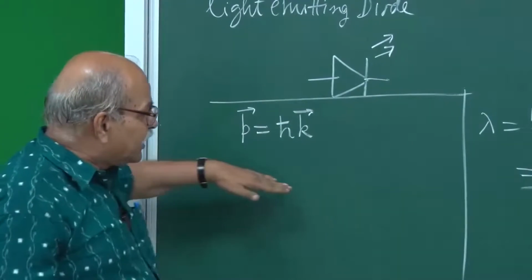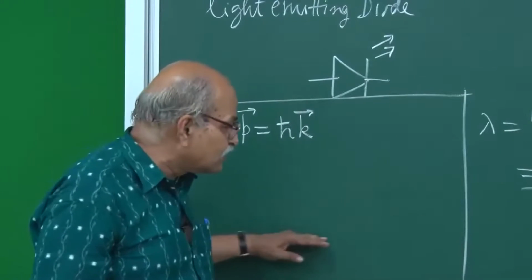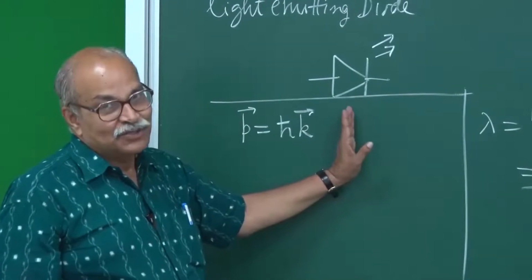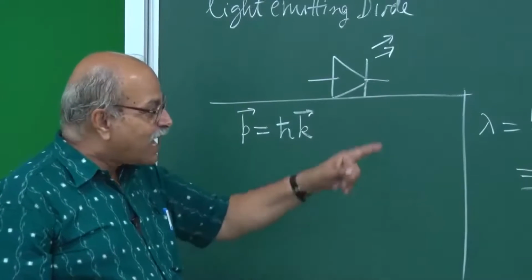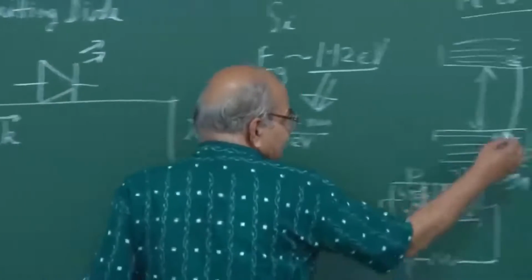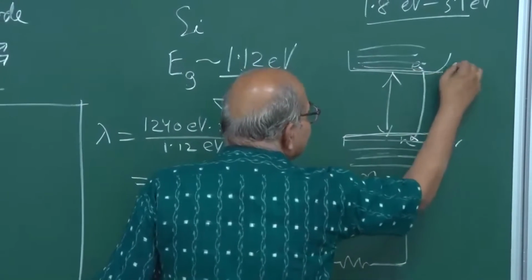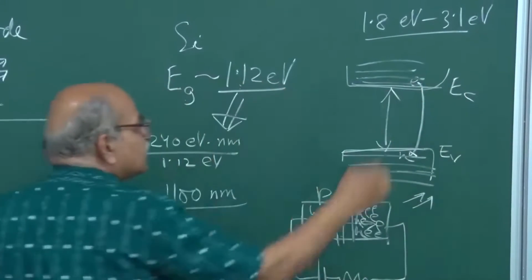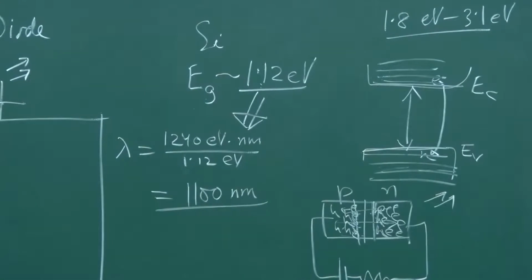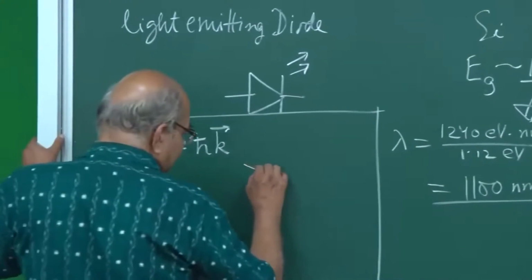So, if you take energy versus k, with k on the horizontal axis and energy on the vertical axis, then the band diagram will not look like that. If EV is the highest valence band energy and EC is the lowest conduction band energy, then it could be something like this.